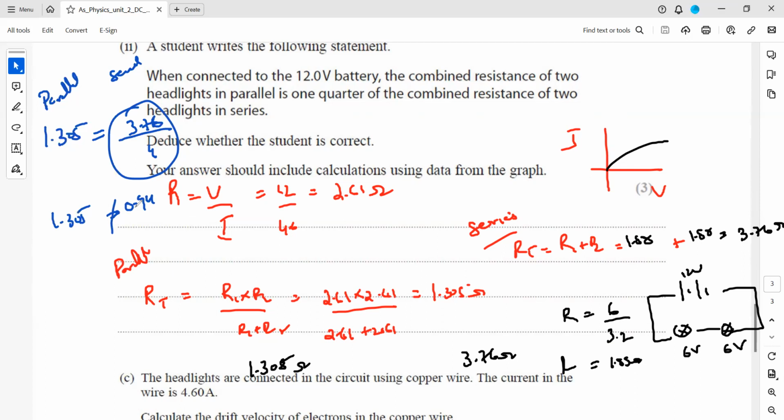Is it clear how we did this question? First we find why we took different resistances in series or parallel, even though the components are identical, because if the voltage is changing, the resistance will also change. So the student statement is not correct.